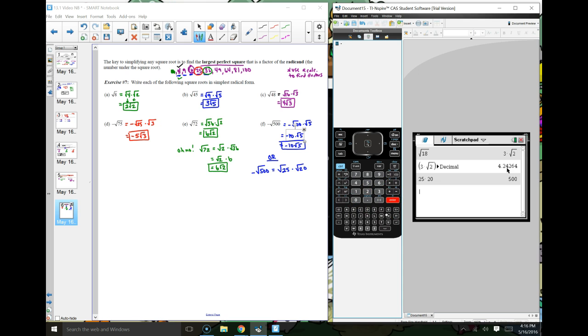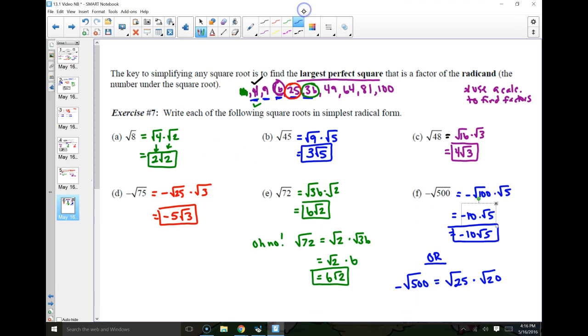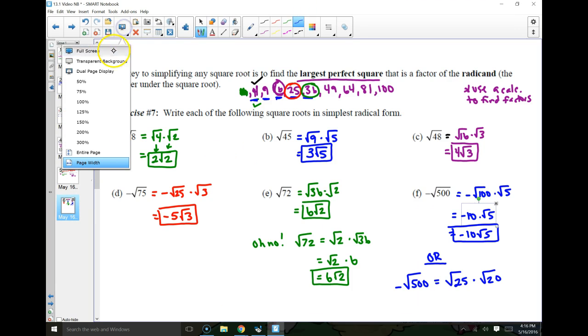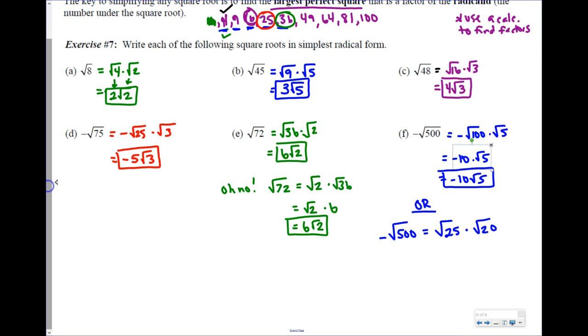So let's say that I think that, okay, 25 is my perfect square. All right, let's work with that. So I'm going to have the square root of 25, which changes into a 5, times the square root of 20. But there's a problem here, because the square root of 20 has a perfect square in it. It's got the perfect square of 4 times the square root of 5. I can break up that 20 into 4 and 5.